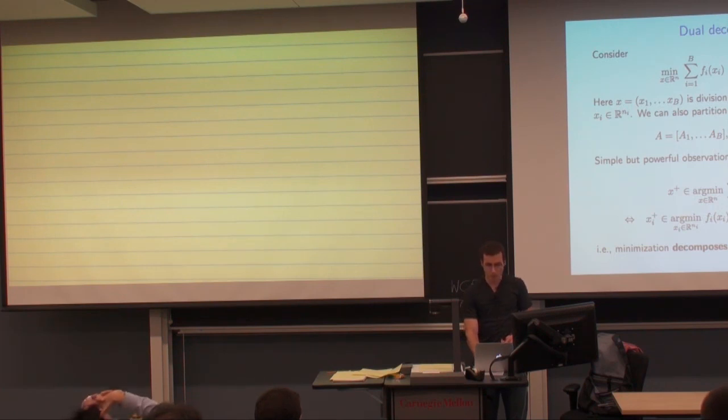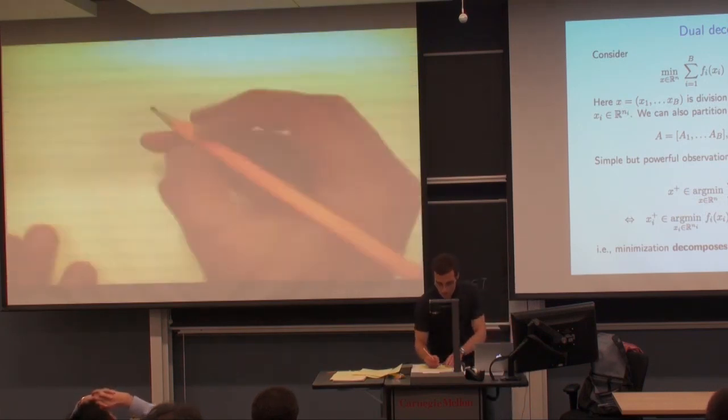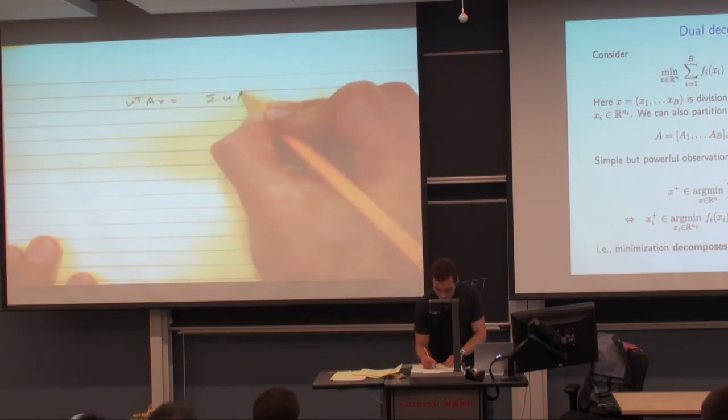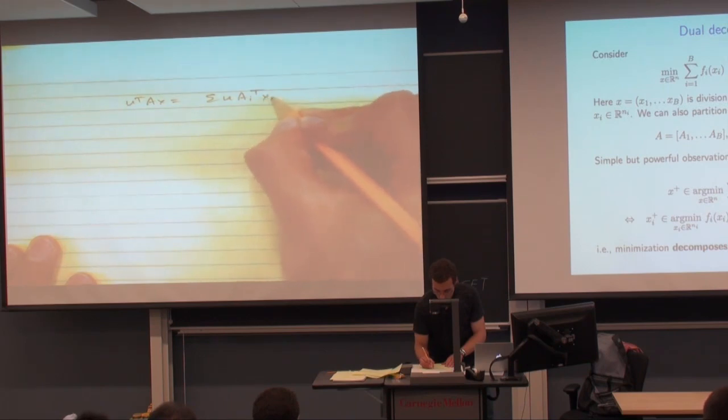But you can see that if I decompose the columns of A according to the blocks of my variable, that actually decomposes into B separate minimization problems, one for each block. Because I can write u transpose Ax as a sum also, the sum of u transpose A_i x_i.